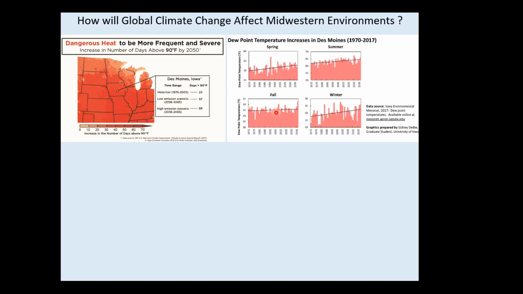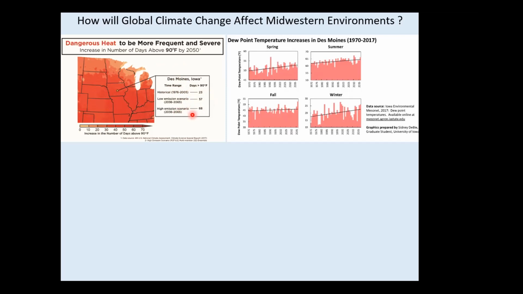And then in 2019, they came out with this one about dangerous heat to be more frequent and severe. The increase in the number of days above 90 degrees by 2050. You see what the historical trend is, about 23 days hit that range above 90 degrees Fahrenheit. Even with the low emission scenario, it's going to jump up by 34 days at least.